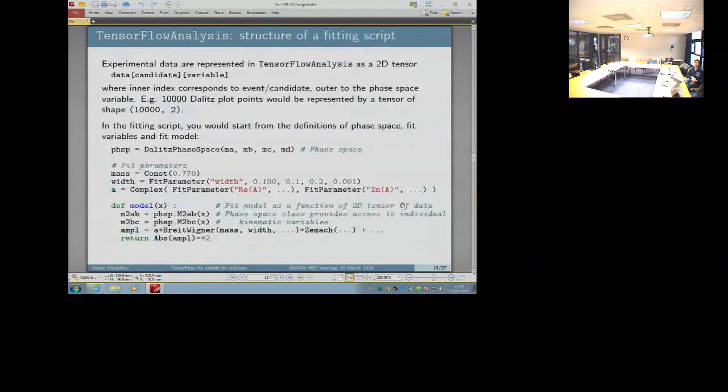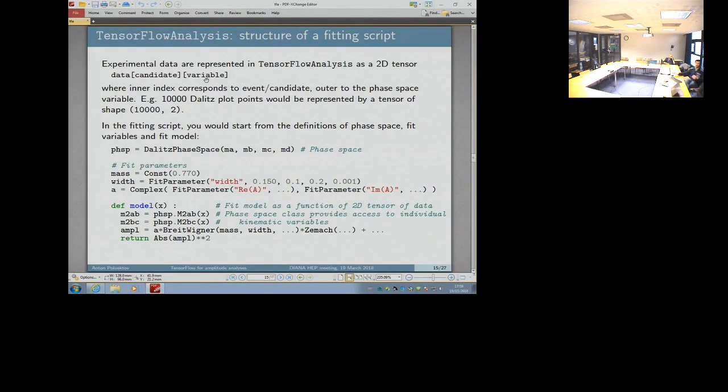Right. So the fitting script is presented in the next couple of slides. First of all, the experimental data are presented as a two-dimensional tensor where the inner index is your event or candidate, and the outer index is the phase space variable. For instance, if you have a Dalitz plot, which is two-dimensional, this is just 2 dimensions.